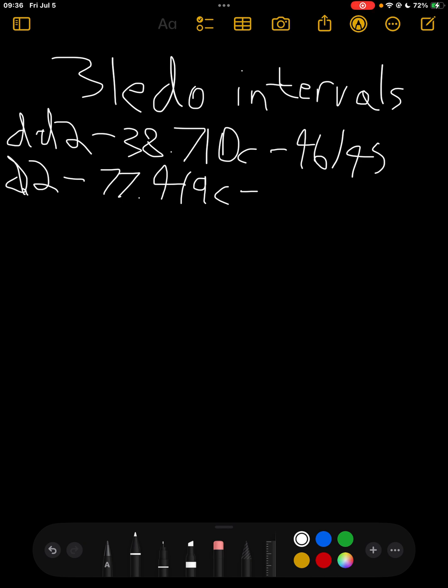And I would say a good ratio for this one, see if I can find anything. Let's just see, maybe 75.